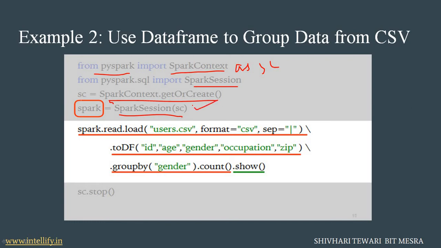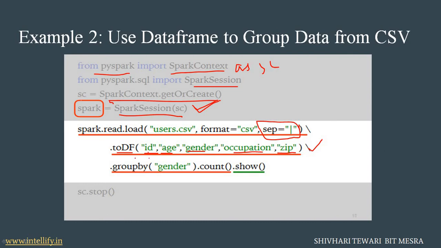Here we will call sc, or we can say the imported package, and then we will use the read function to read the CSV file, and then we will use a separator to separate the values in a table in the given data frame. Then we will use the .toDF command and the separator, which has separated ID, age, gender, occupation, and zips. That means the number of zip files for the particular value, for the particular attribute.